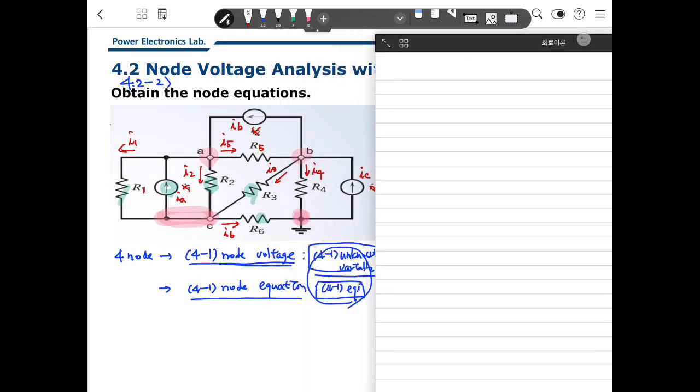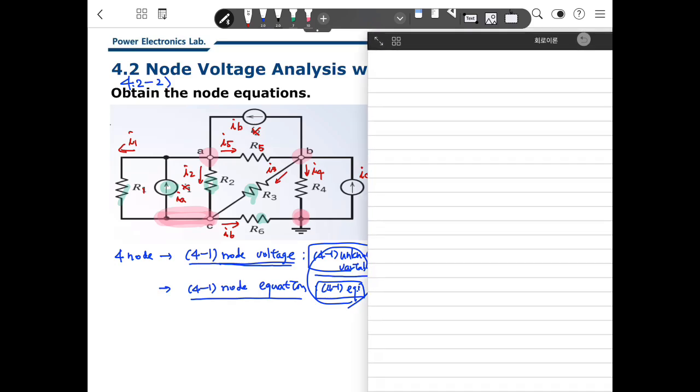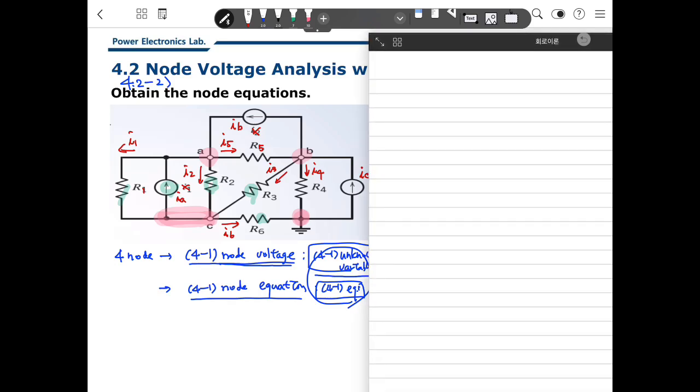So here, what should we do first? First, we should check the element current. We can choose I1. Okay. I1 is the current flowing through R1, but this point is VA, this point is VC.